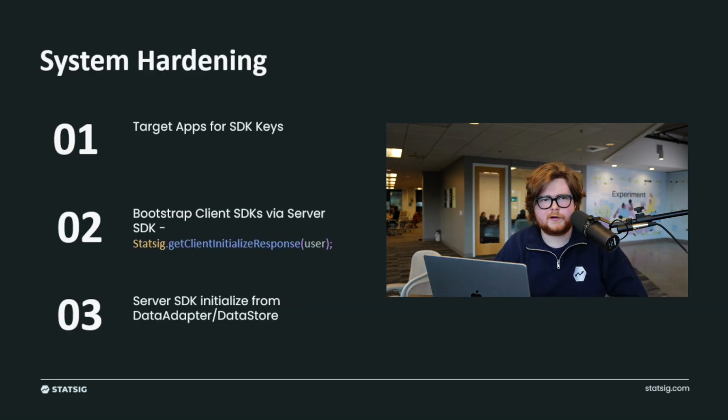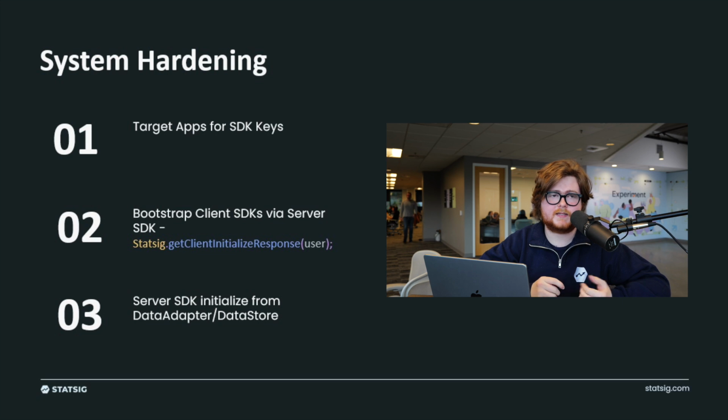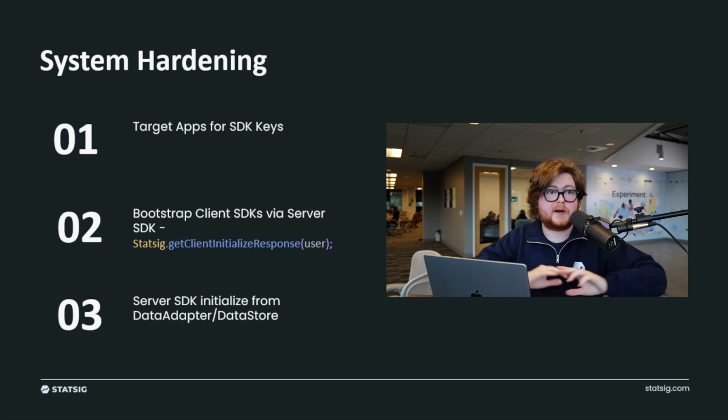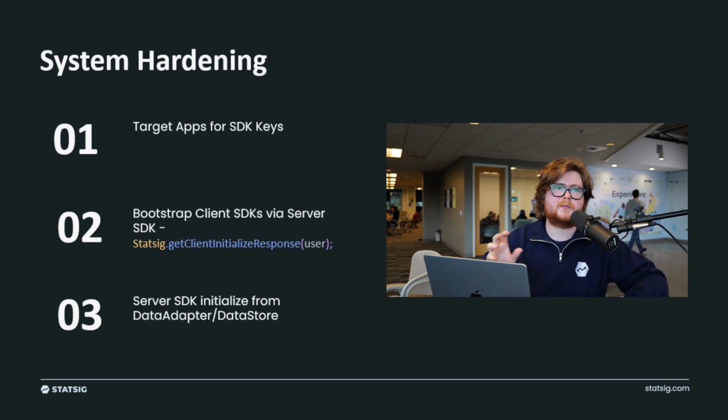So the first performance optimization you can make is what we call target apps. Target apps are a way to allow you to say, hey, for these SDK keys, they're representing services that only care about these gates or these experiments, right? So if I have some sort of microservice architecture, maybe I do have a bunch of different backend things that only care about certain gates. They don't need to know about all of these other ones.